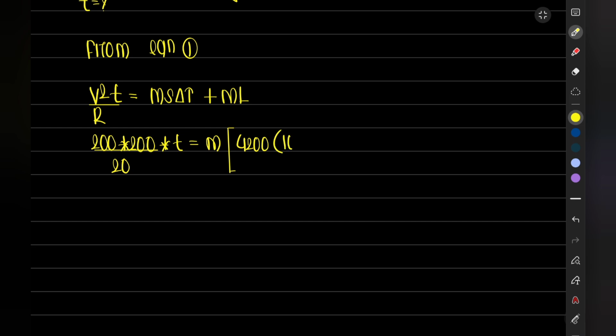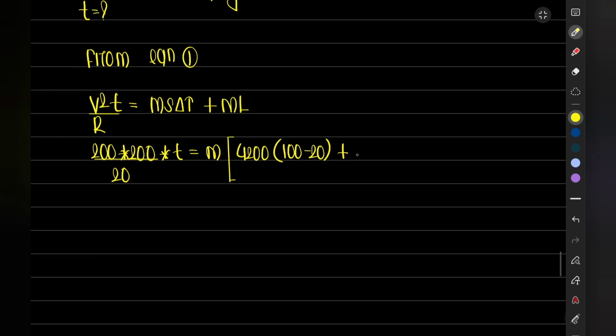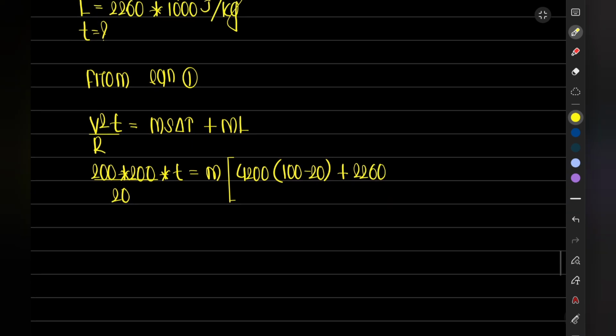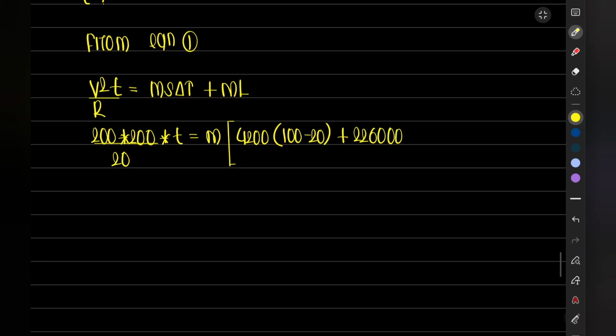Final temperature we want 100, initial we have 20. This is the change in temperature we have. Mass we have taken outside. Latent heat is 2260. After this 1000 we have multiplied, it means 3 more zeros will be there.